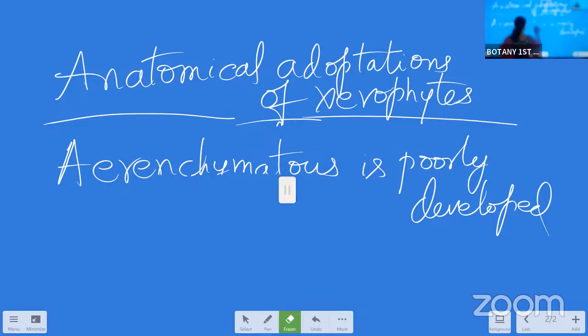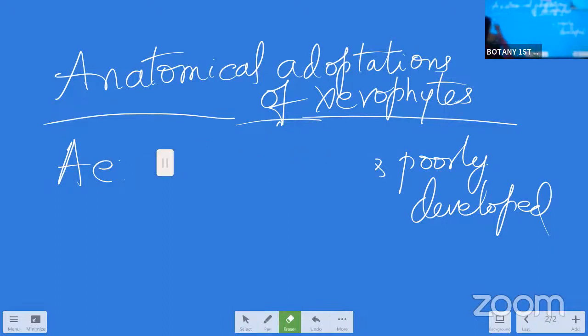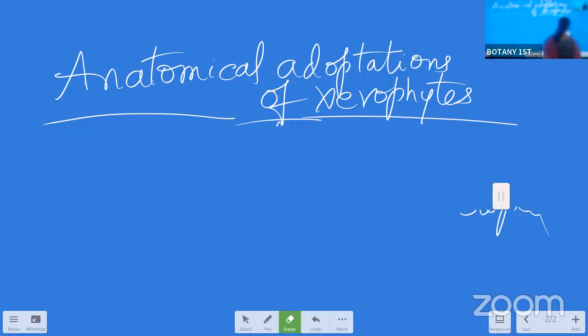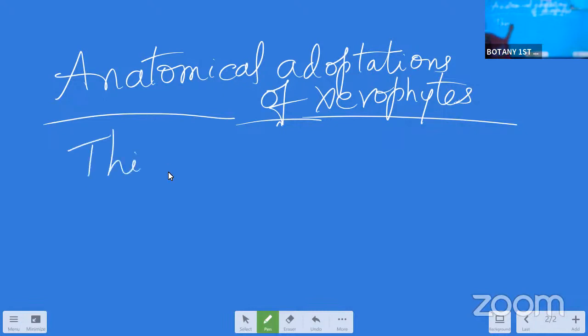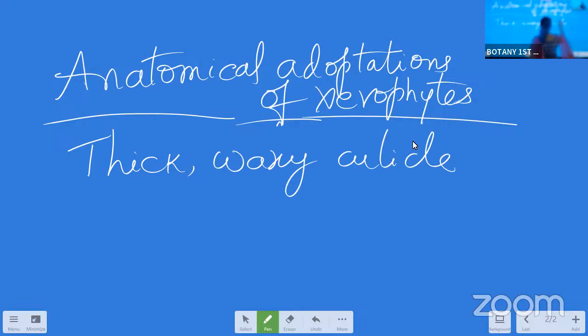And the next one is the stomatal apparatus and the cuticle. What we said in the hydrophytes, a thin waxy cuticle. See here, the plant body is completely covered with a thick waxy cuticle. This is to reduce the rate of transpiration.